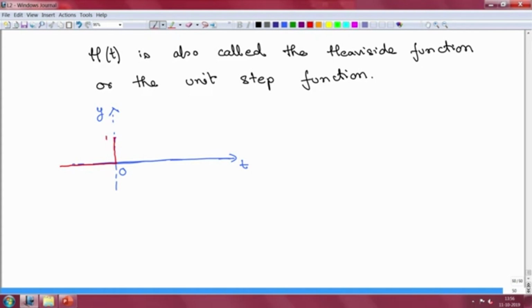So, this is 1, and for the rest of the time it will stay at a value of 1. So, this is your h of t.